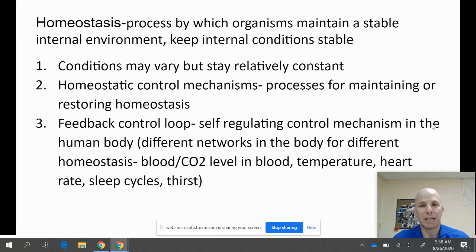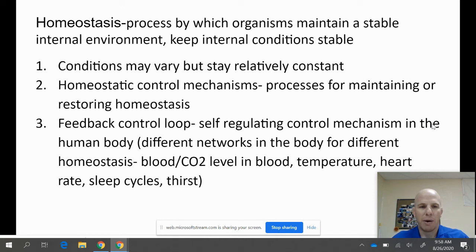There's a lot of examples like this. Your blood pressure is one. Your heart rate is one. Your blood carbon dioxide levels or blood oxygen levels. Your sugar levels in your blood. Body temperature already mentioned. These are all ways that we have to maintain homeostasis or keep our internal conditions stable at all times.